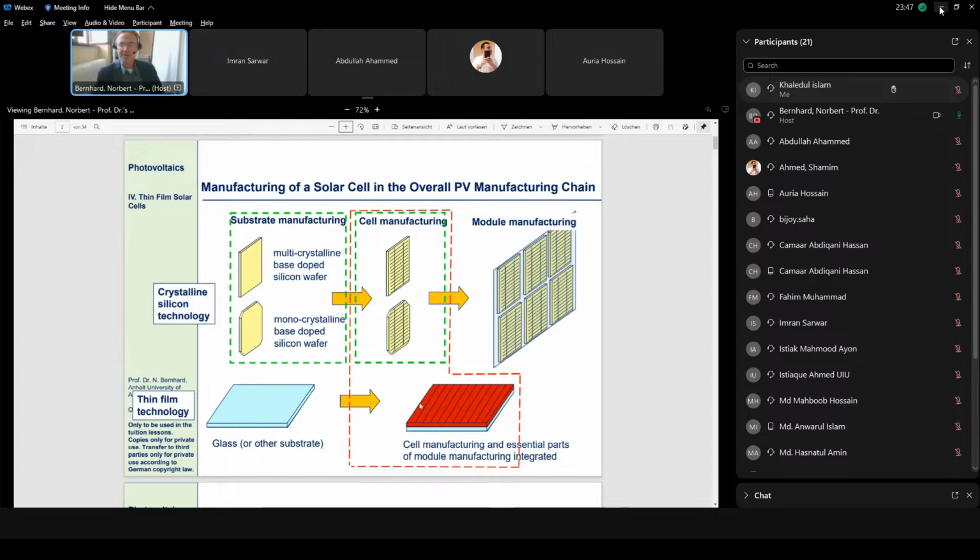And therefore, of course, this is a material which is still very promising. And as said, it's the main thin film material which we see in volume production and, of course, also in the field. If you have a big PV power plant of thin film material, it's usually cadmium telluride, and usually from First Solar.